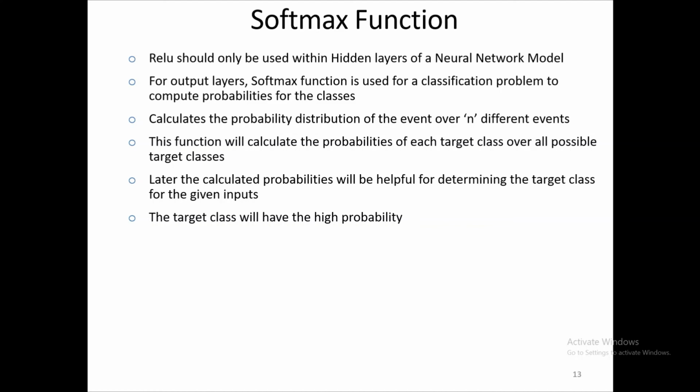It calculates the probability distribution of the event over n different events, and this function will calculate the probabilities of each target class over all possible target classes. After that, the calculated probabilities will be helpful for determining the target class for the given inputs, and the target class will have the high probability.